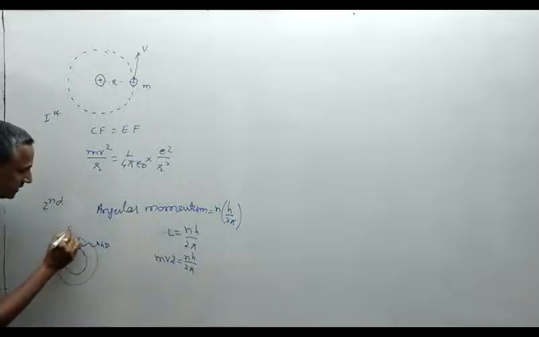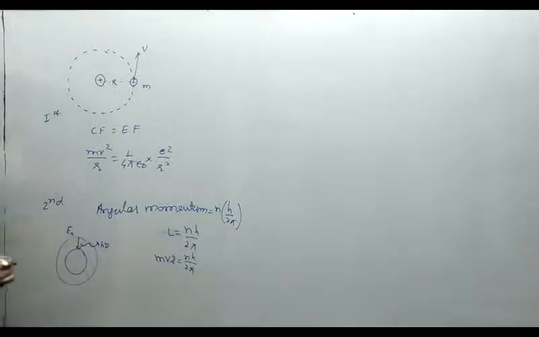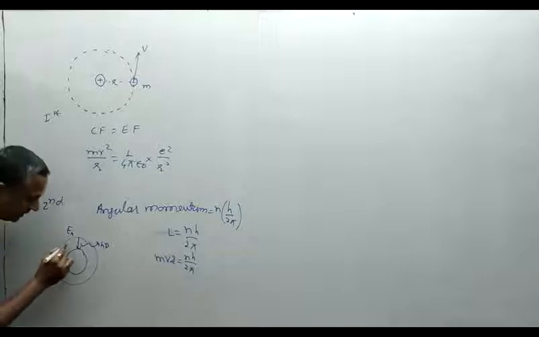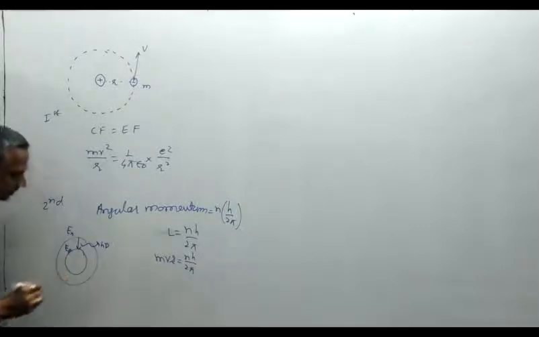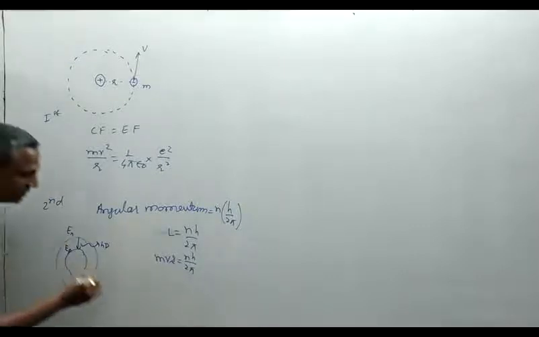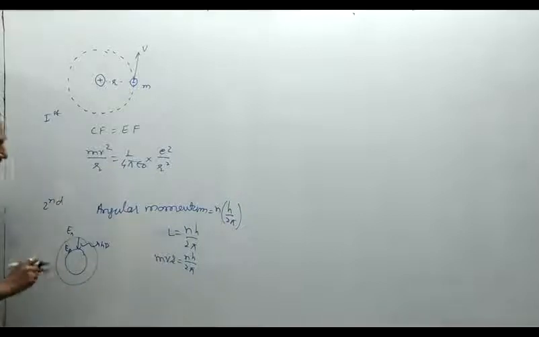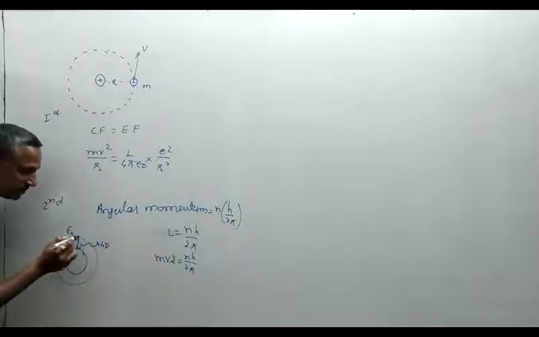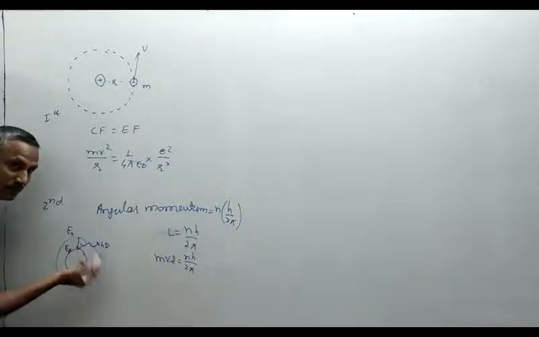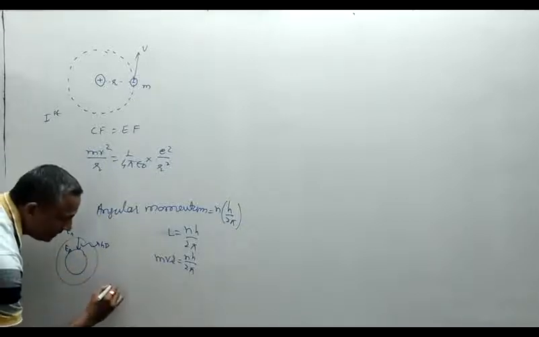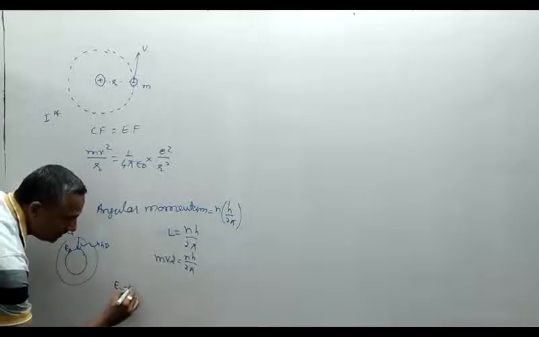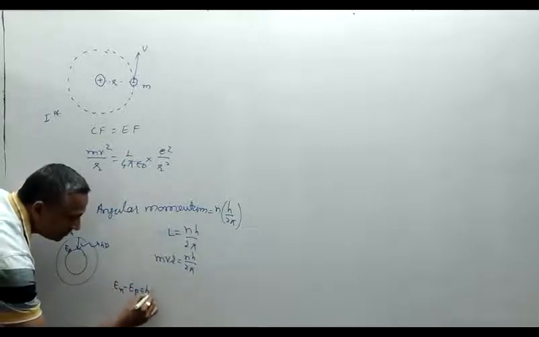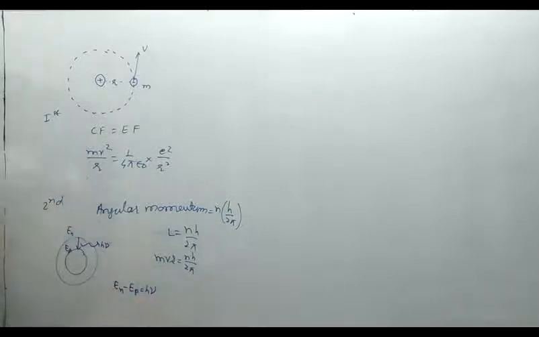So let us consider that En is the energy of the nth orbit and Ep is the energy of the pth orbit. According to the third postulate, the excess energy is emitted in the form of a photon. So we can write En minus Ep is equal to h nu. In this way, these are the three postulates.